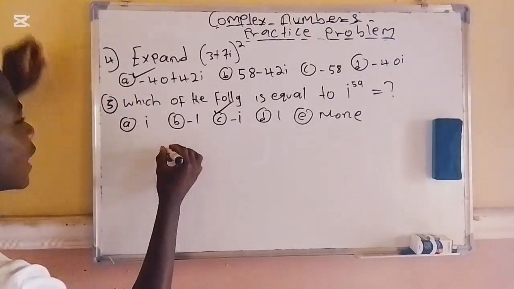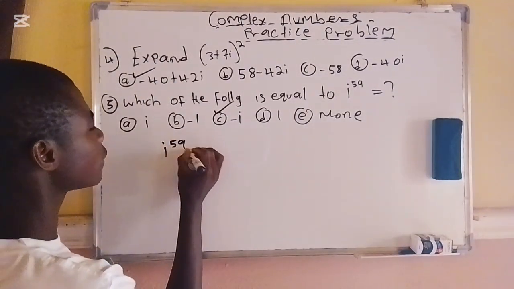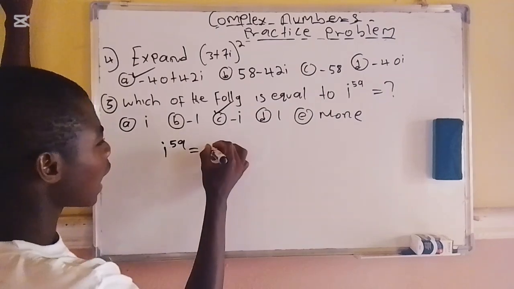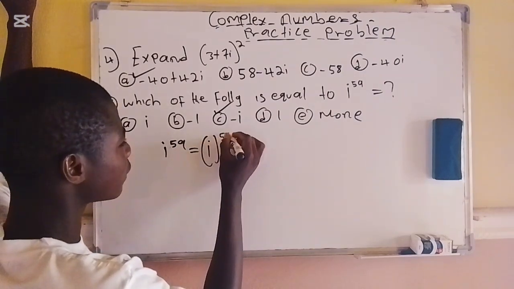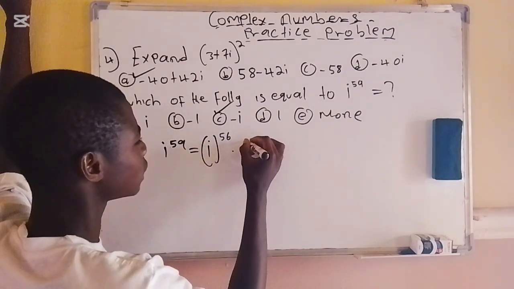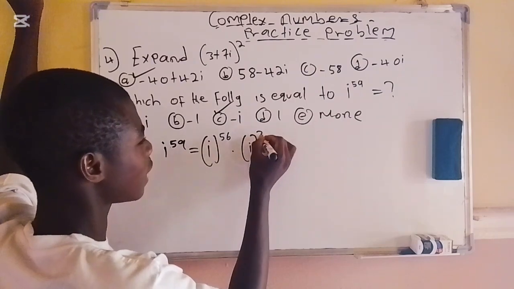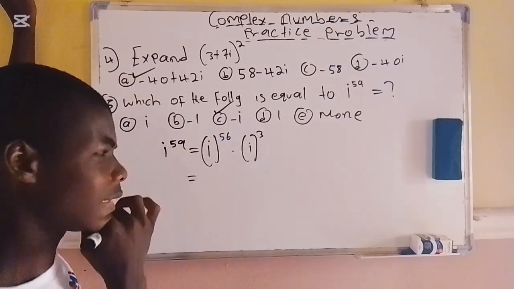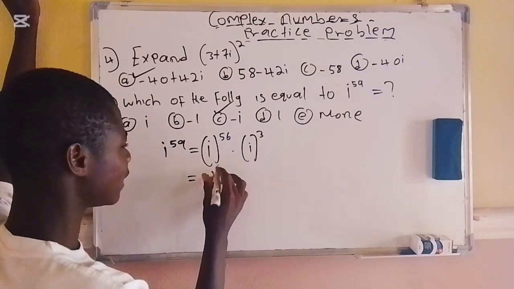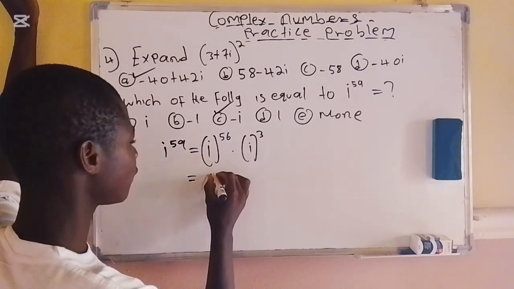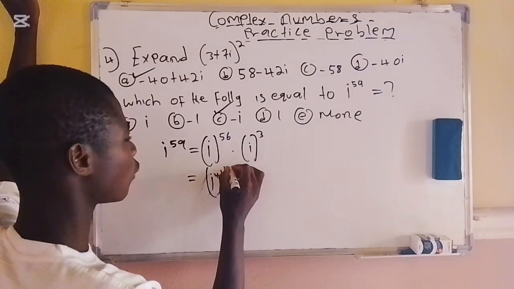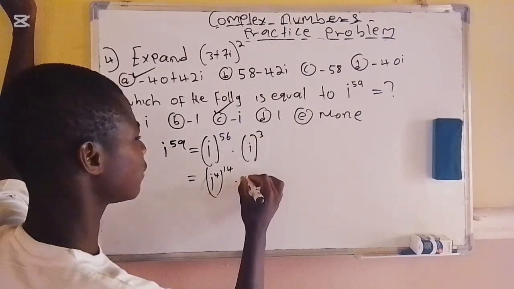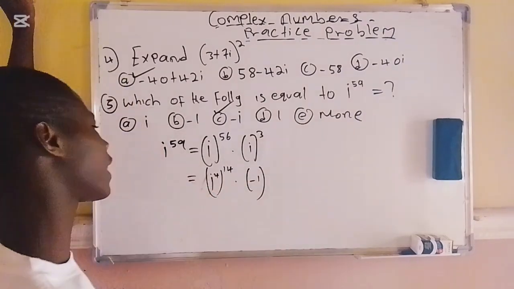If I say i raised to the power of 59, it equals i raised to the power of 56 multiplied by i raised to the power of 3. It's the same thing as saying i to the power 4, raised to the power of 14, multiplied by negative i.